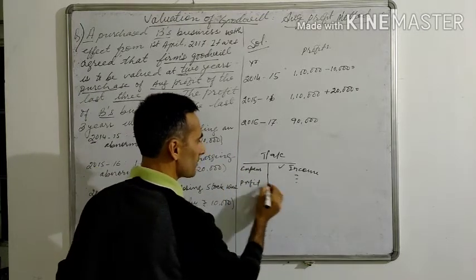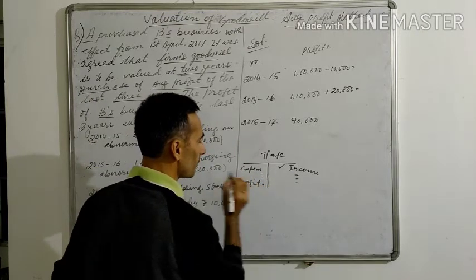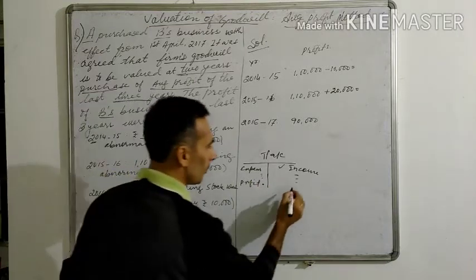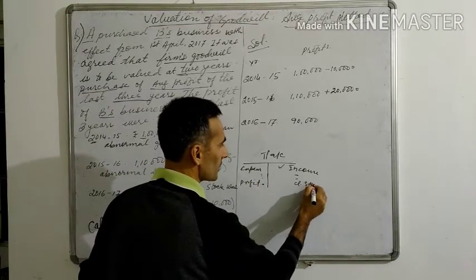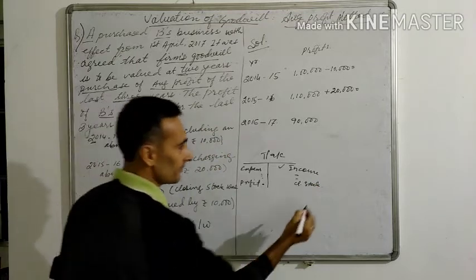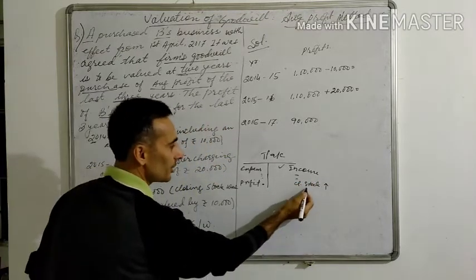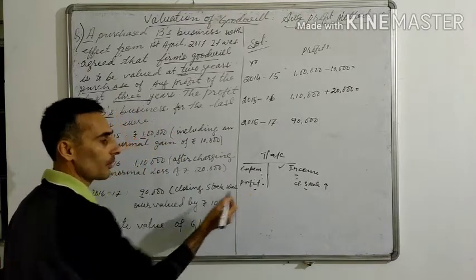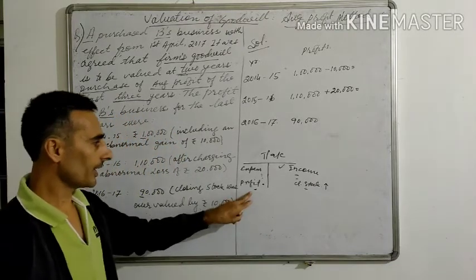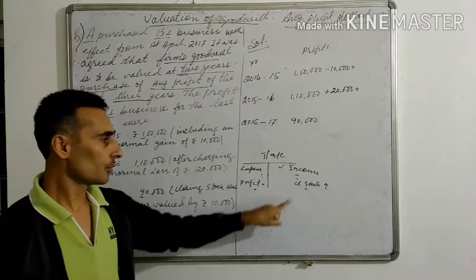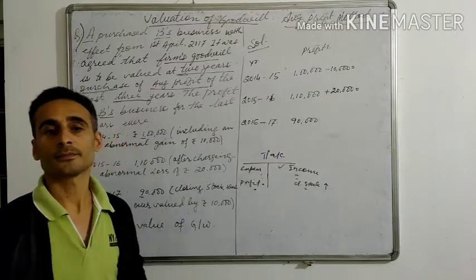There are so many items here, and one of the items is closing stock. If the value of the closing stock increases, then what effect will it have on the profit? Will the profit increase or decrease when closing stock increases?